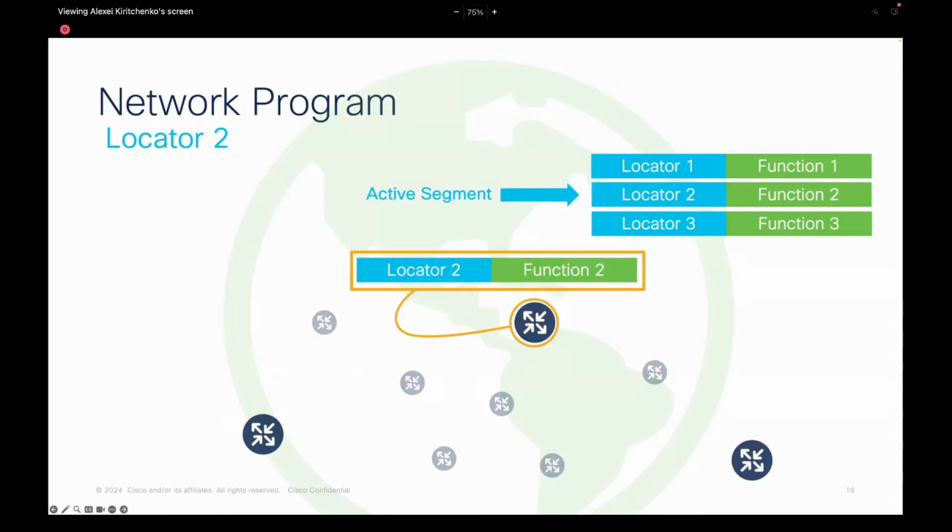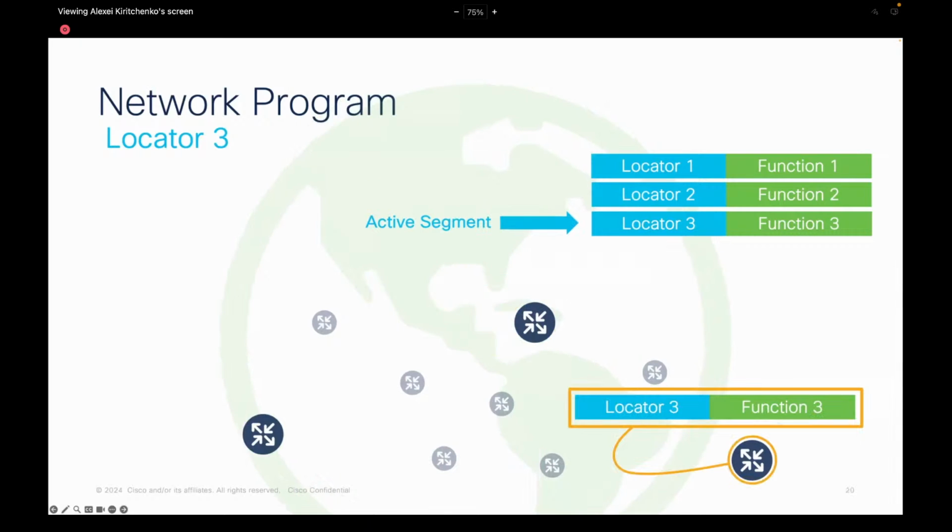Next, we get to a device with locator 2 and repeat the same set of operations. It will apply function 2. The next segment goes into the destination address, and we are going to the last active segment with locator 3. Active locator 3 will bring us to the final destination where function 3 will be applied.